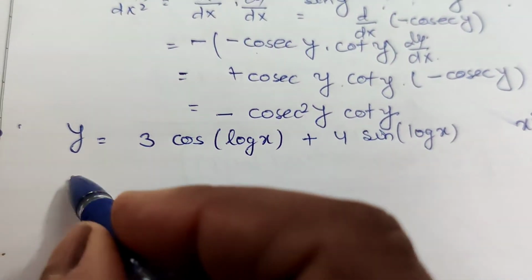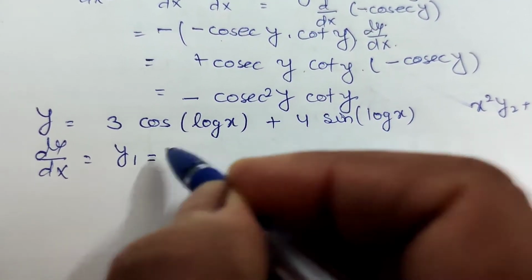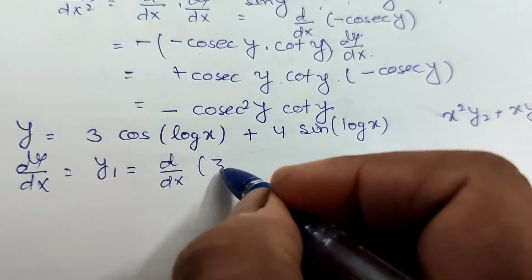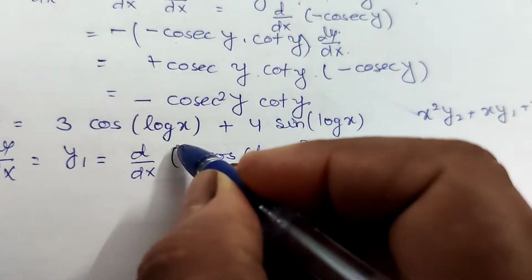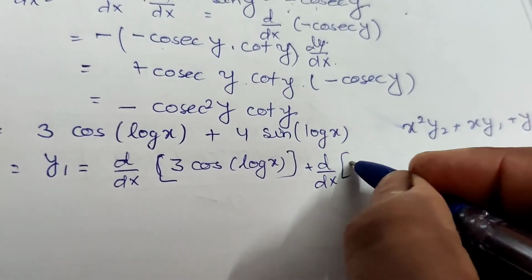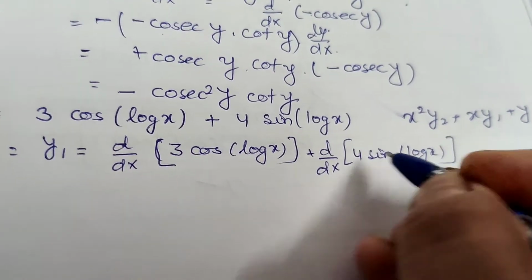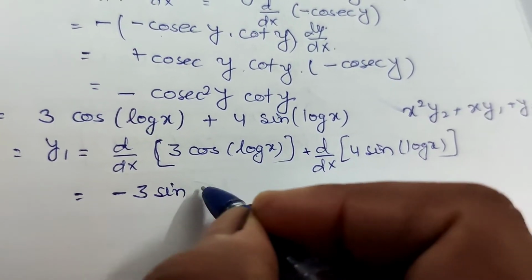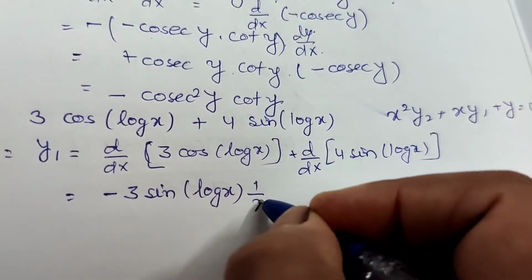y equals this. Now differentiation dy over dx, we can write it equal to y1. d over dx of 3 cos log x and d over dx of 4 sin log x. Cos becomes minus sin, so minus 3 sin log x, and differentiation of log x is 1 by x.